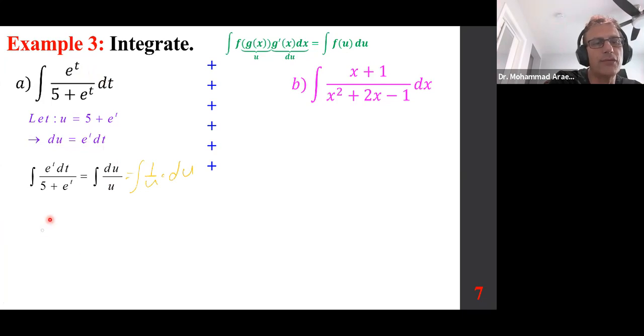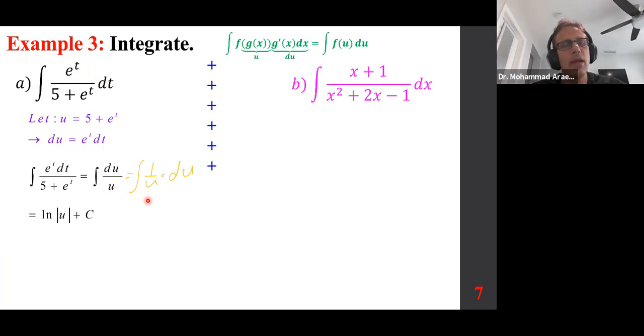The point being, you have to recognize this is a natural log. Replace the u, and we're done.